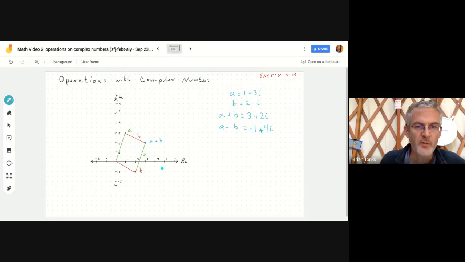Plotting that over here, we come over real part -1, imaginary part 4. So that's up here, and that is the point a minus b. We have extended a and then subtracted b, which is the same as adding -b.